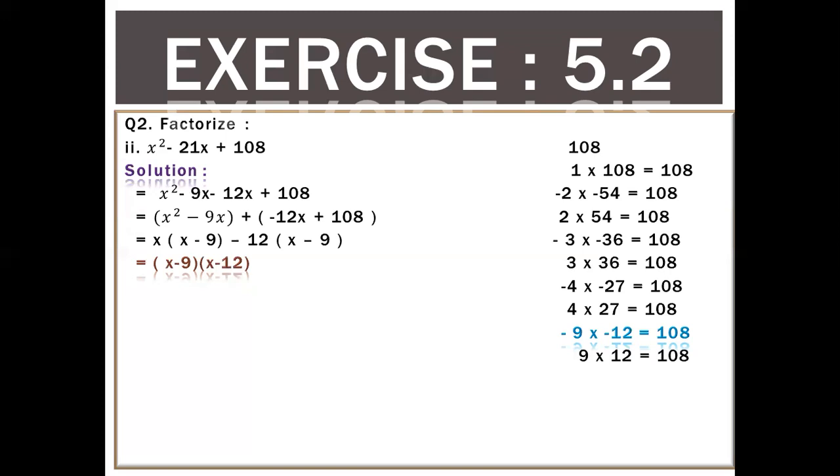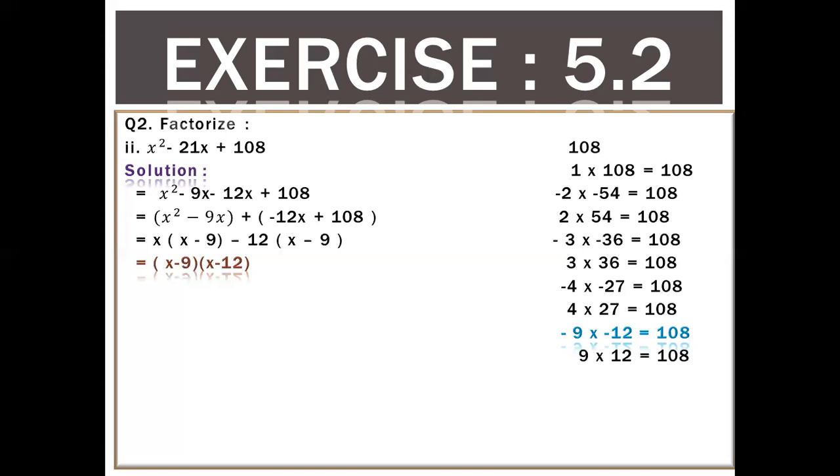Minus 2 times minus 54 is 108, plus 2 times plus 54 is also 108. Because there is a negative sign in the middle term, we also need a minus term. We find all the positive and negative factors.